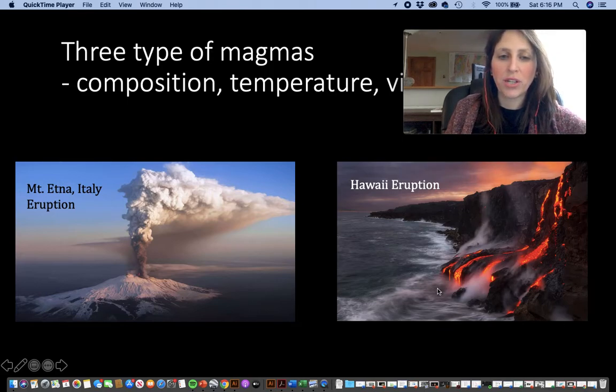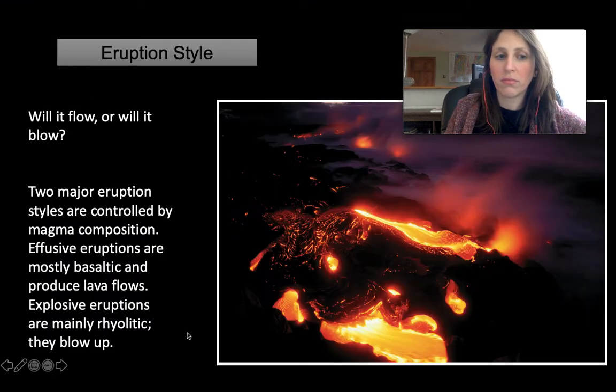That's a Hawaii eruption. An explosive eruption you will see in this Mount Etna, Italy eruption. So again, different types of magma will produce different types of eruption. So effusive versus explosive. Okay, so the differences between those two.